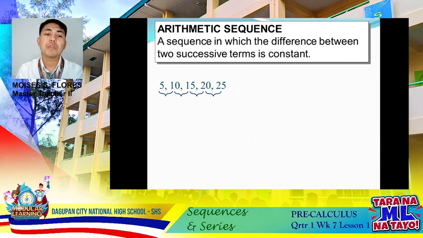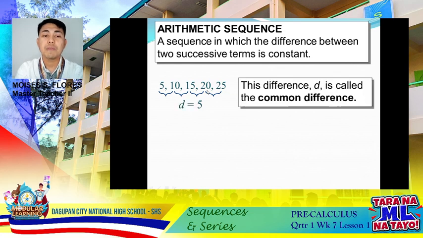If we get the difference of two successive terms, 10 and 5, the difference is 5. 15 and 10 is 5 again, 20 and 15 is 5, and 25 and 20 is 5. This difference, denoted d, is called the common difference.